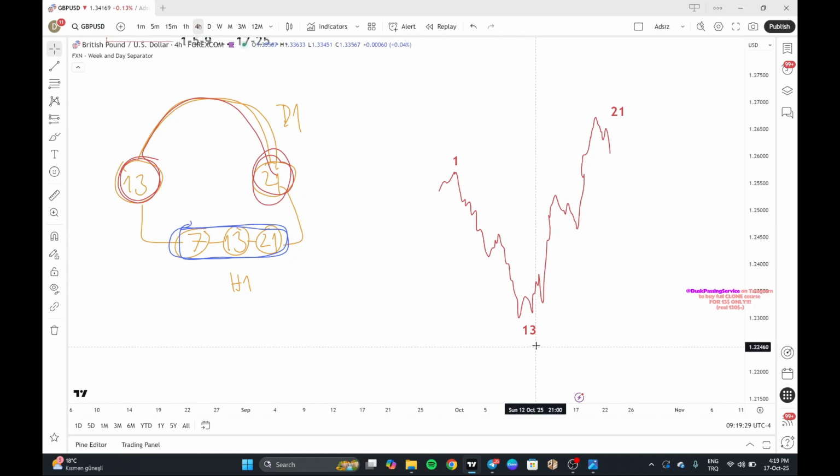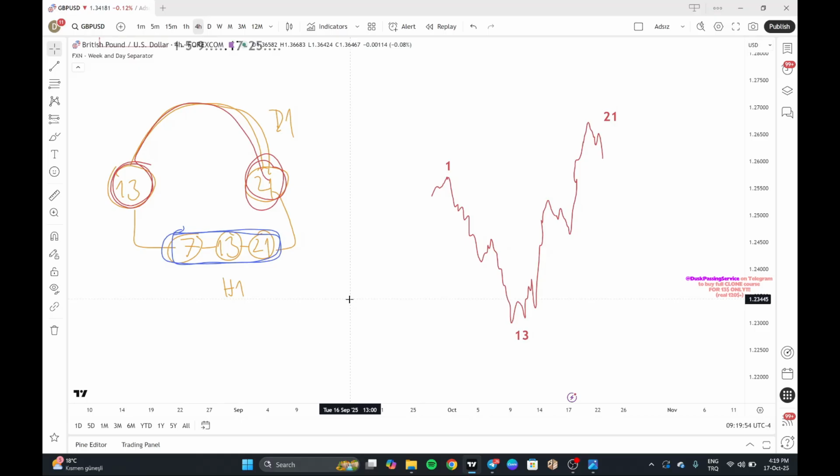Now we are going through 21 from 13 here on the red one, daily chart. And on the 1 hour chart, we're going to observe 1, 7, 13 and 21. So in this case, why would someone anticipate a reversal on 13? I hope you understand. This is how we should approach this.